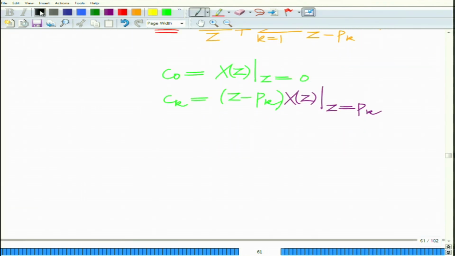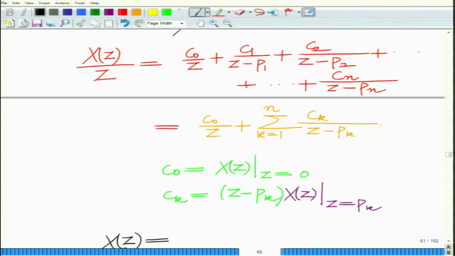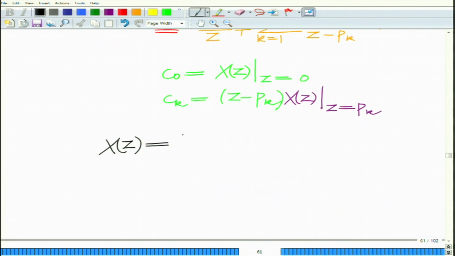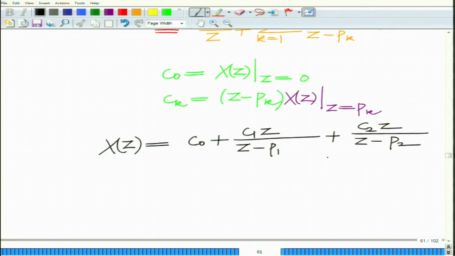Finally, substituting the values of c0, c1 up to cn, where we have n simple poles, and taking the z in the denominator onto the other side, we have X(z) equals c0 plus c1 z divided by (z minus p1) plus c2 z divided by (z minus p2) plus cn z divided by (z minus pn).